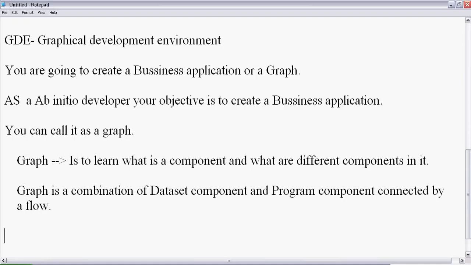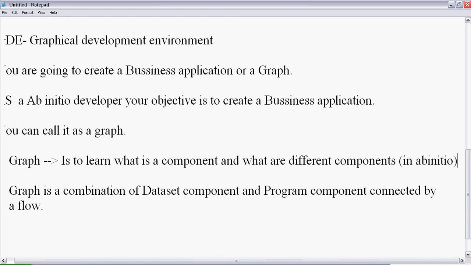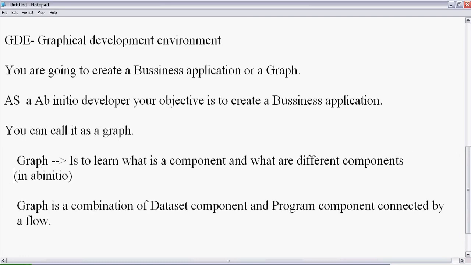To make a graph, you have to learn what a component is and what the different components in Ab Initio are.